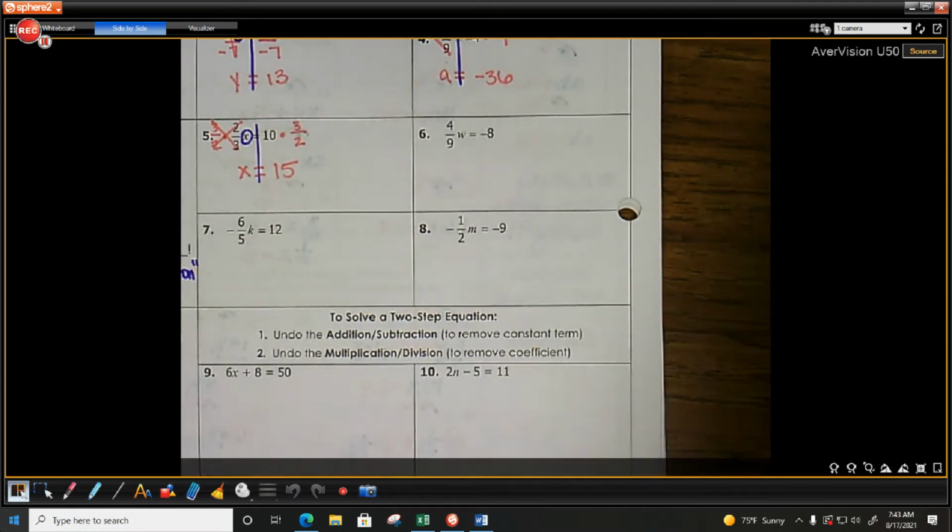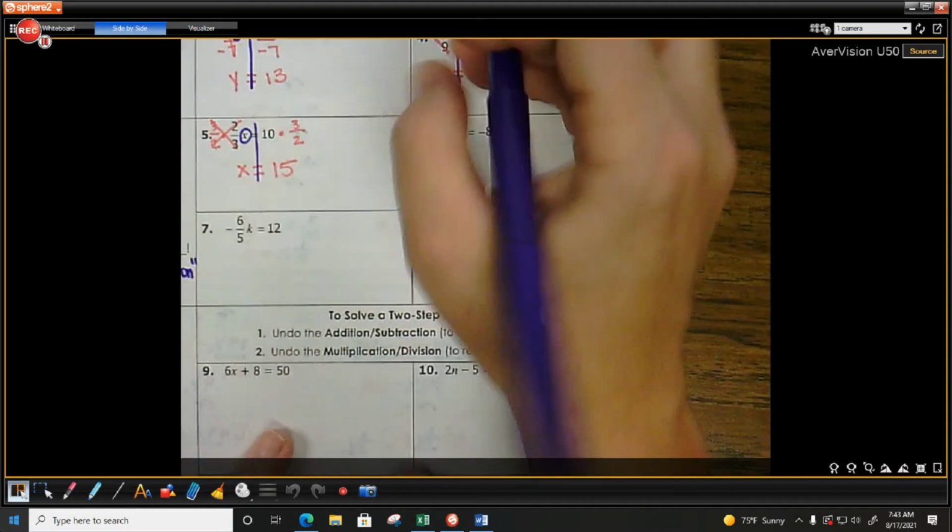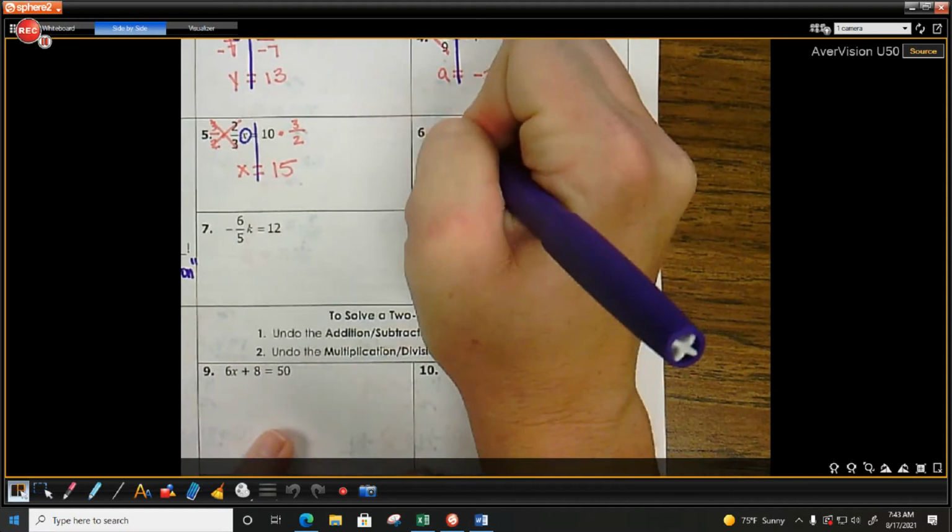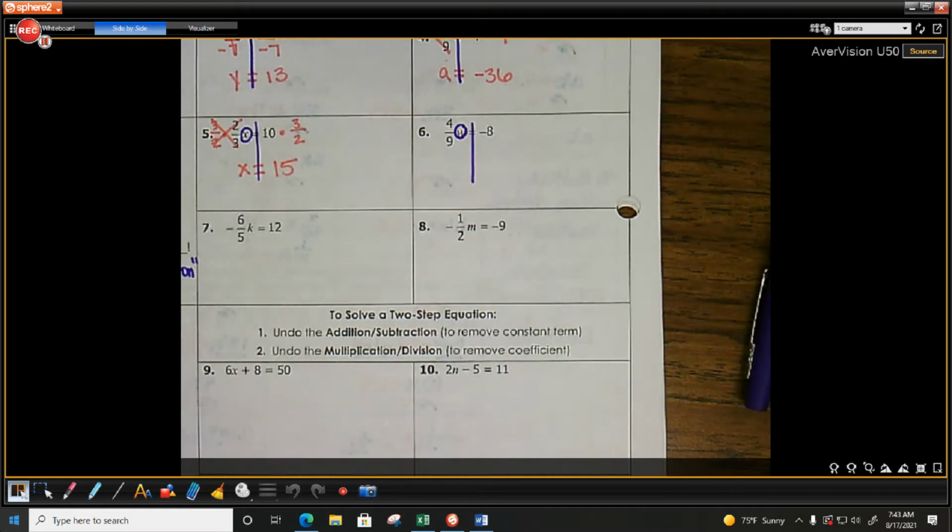Draw your line through the equals and circle your variable. Okay, what's on the same side as the W? The fraction, the 4/9. Does that say 4/9 plus W, 4/9 minus W, 4/9 times W? Very good. So the opposite of times is divide.